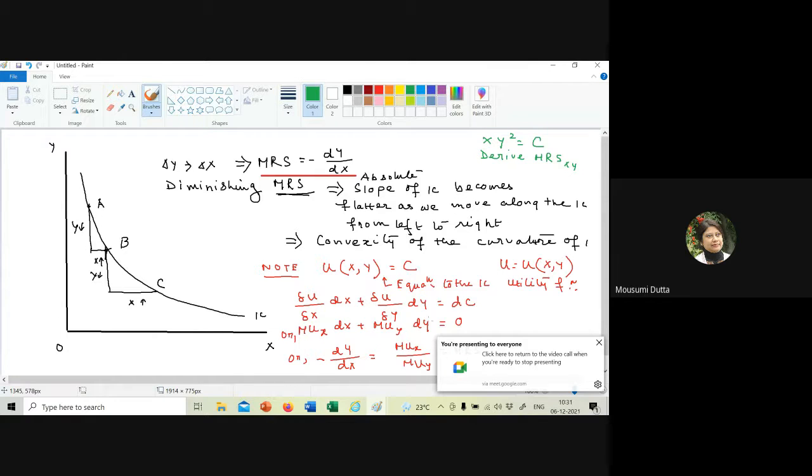Axiom 7 is about smooth indifference curves.